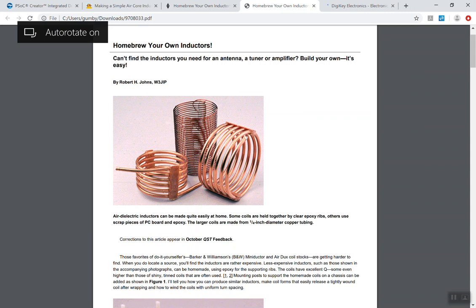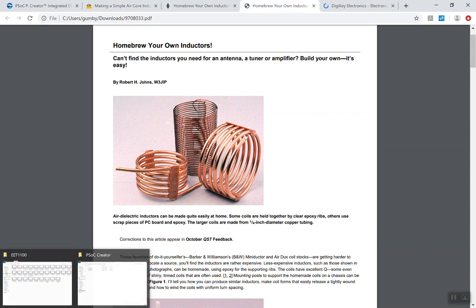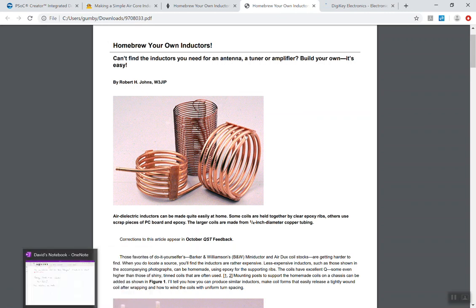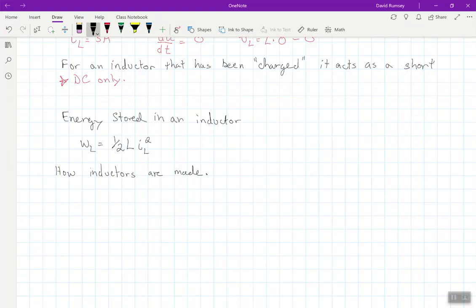What I was going to show you is that often inductors, if you're buying fixed value inductors, are often just coils of, in most cases, copper wire.